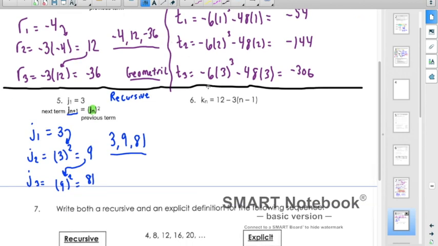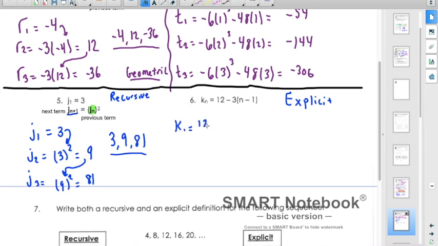Okay. And number 6, what kind of sequence do we have? Well, it's one equation, therefore it's explicit. All right, and we got to find the first three terms. So we have k sub 1, and all I'm doing is I'm substituting in for n. So anywhere I see an n, I'm going to substitute in 1.